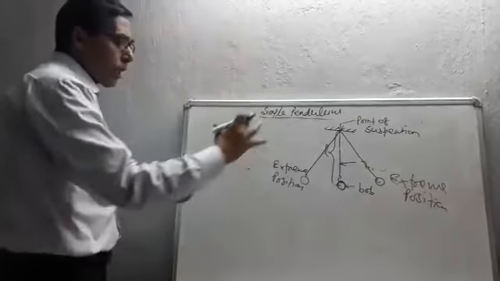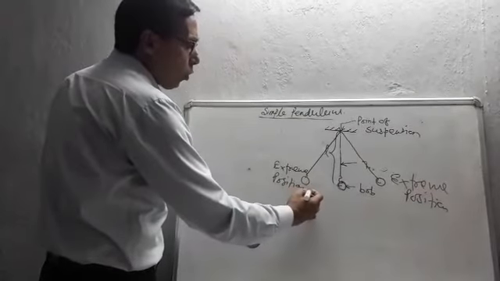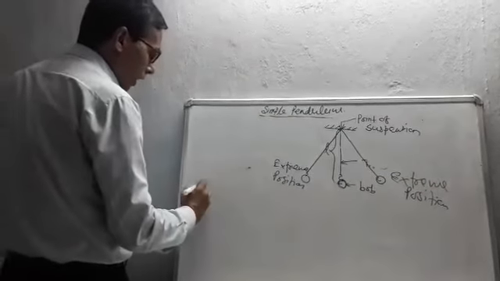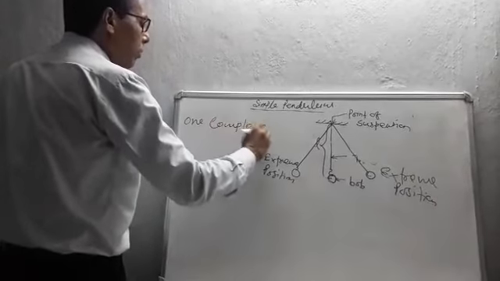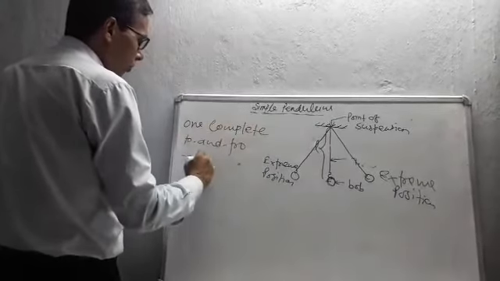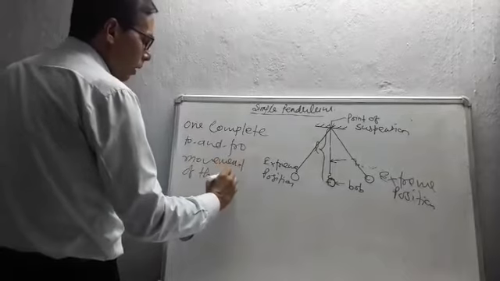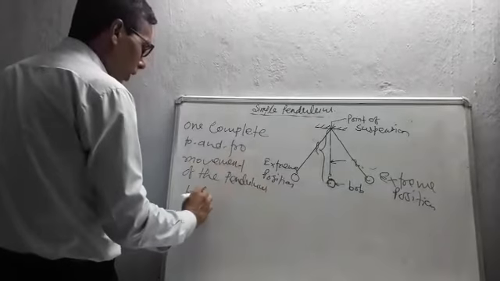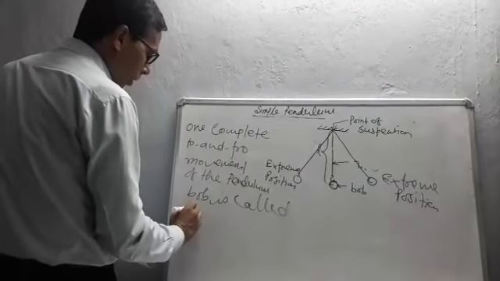Now, when is one oscillation said to be completed? One complete to and fro movement of the pendulum bob is called an oscillation.